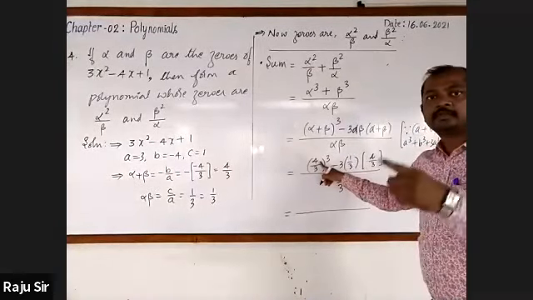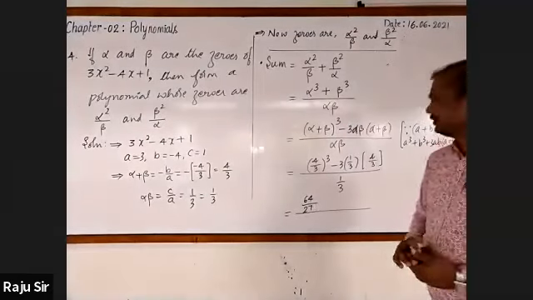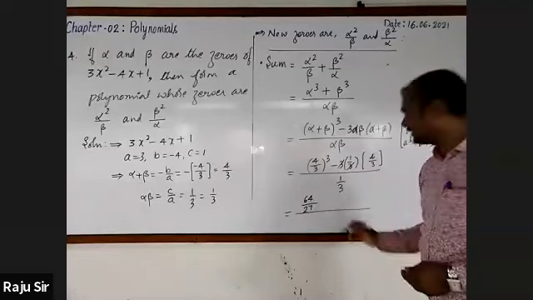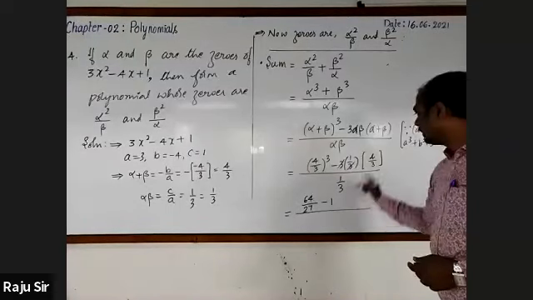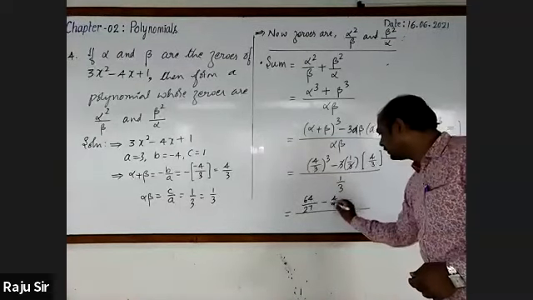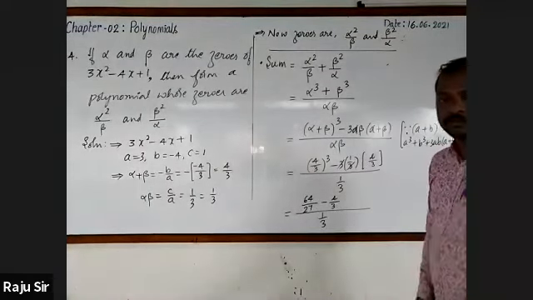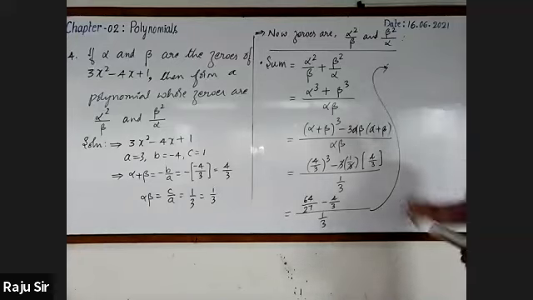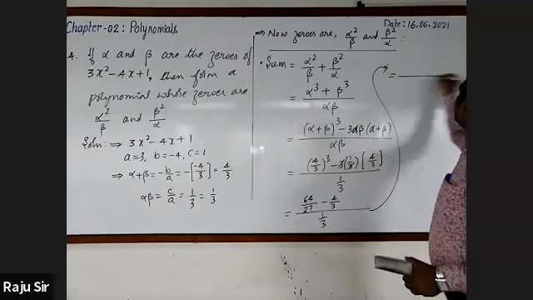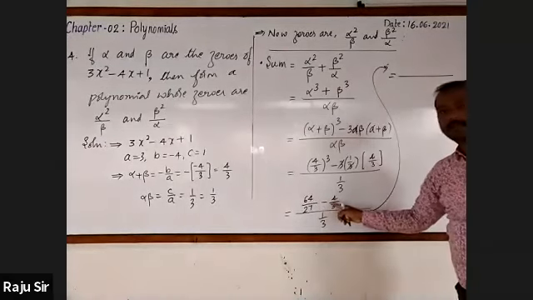4 cube is 64, and 3 cube is 27, so 64 by 27. Next, 3 and 3 get cancelled. This is minus 1 into 4 by 3, whole divided by 1 by 3. In the numerator, we have fractional terms. Let's take the LCM and simplify.